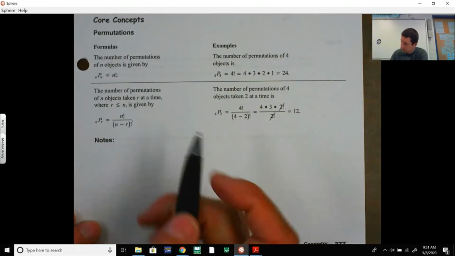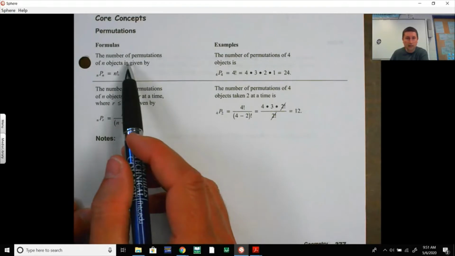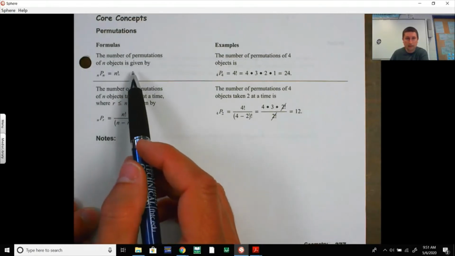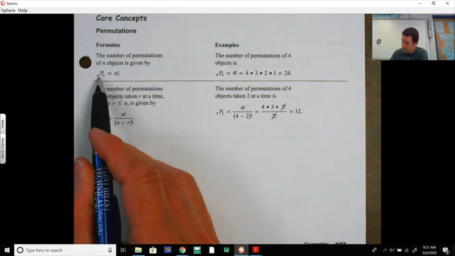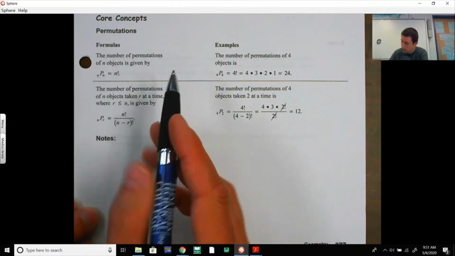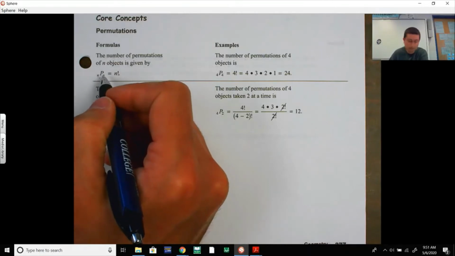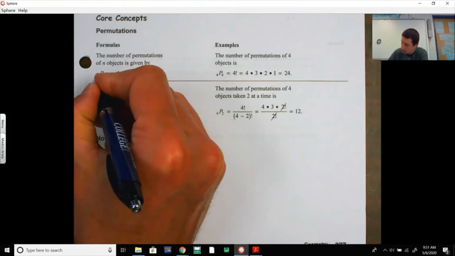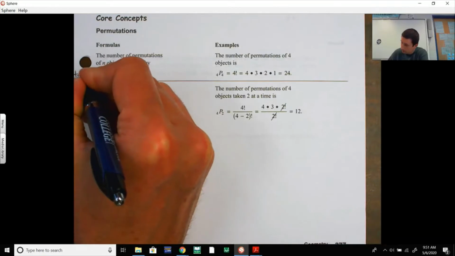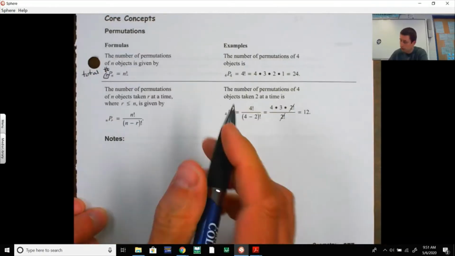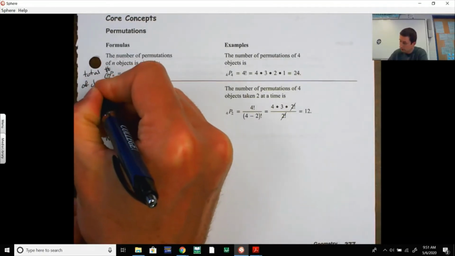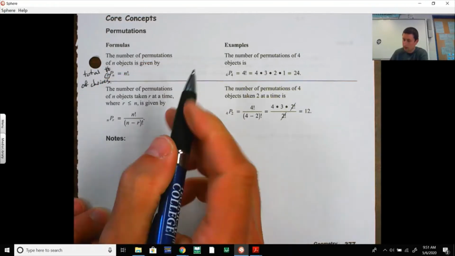Write that down. Okay, so the number of permutations of n objects is given by this. Now, nPn is n factorial. Now, what happens here is this first value. I don't like that they're using the same one. The first one is the total number of choices that you have.